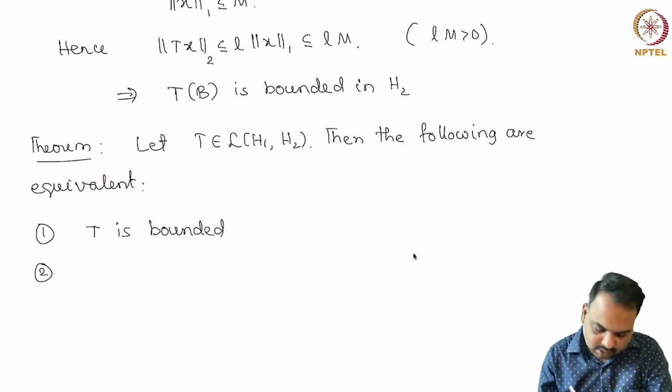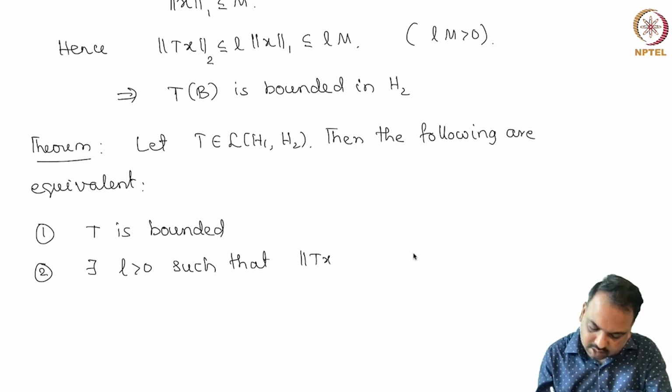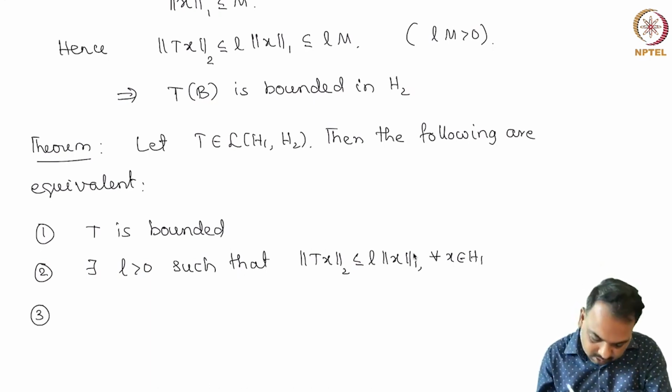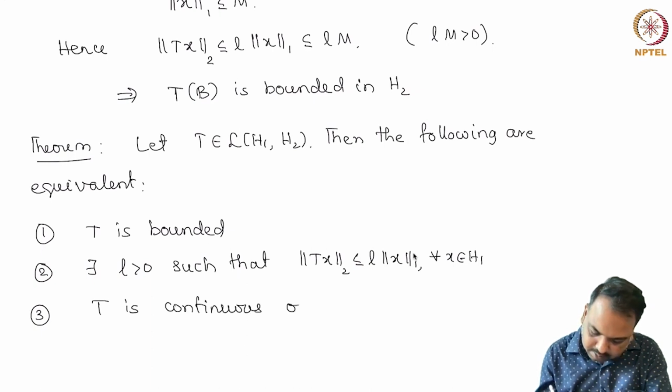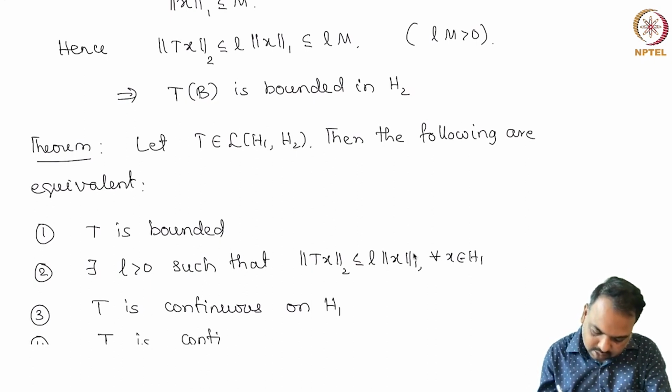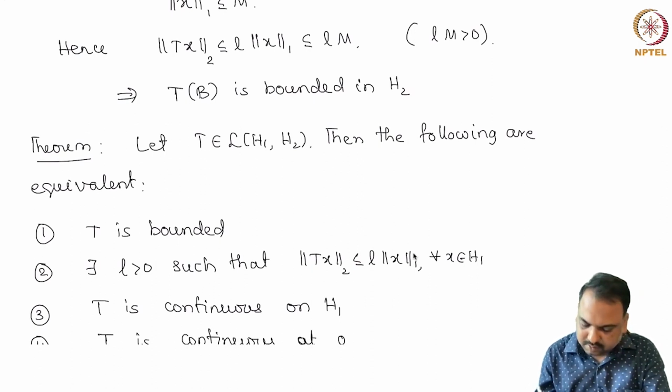Second, there exists some number L bigger than 0 such that norm Tx is less than L times norm x for every x in H1. The third is T is continuous on H1. The fourth one is T is continuous at the point 0.